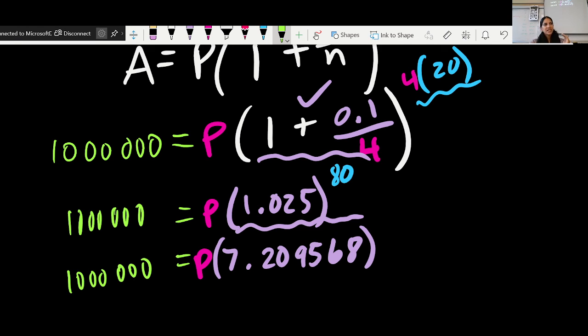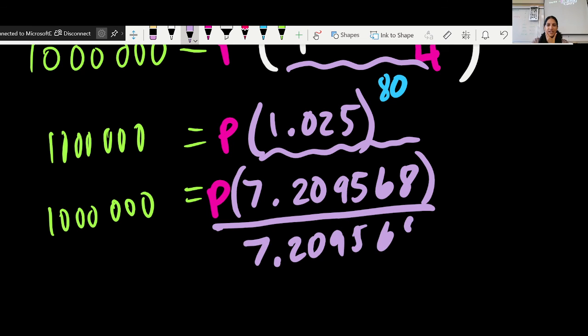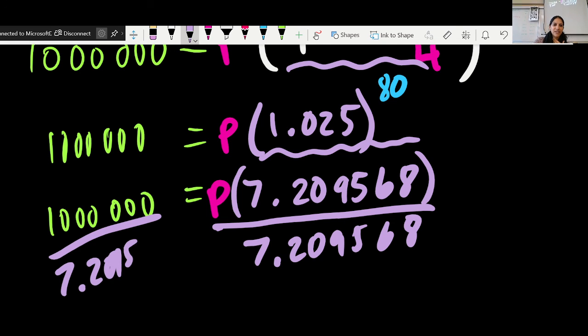And we want just P, and we know algebra is all about opposites. So to get P by itself, how do I get rid of this 7.2? Yeah, divide by 7.209,568. It actually is best for us to leave the rounding for as long as we can to make it more accurate, but I'm okay if you round it earlier.